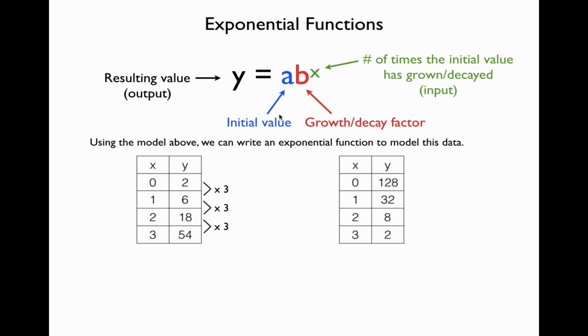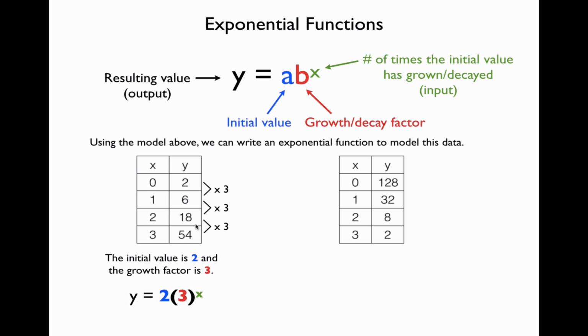So, using our model, our initial value would be 2, and our growth factor, or what we're multiplying with, would be 3. So we could write the equation y equals 2 times 3 to the x to model this data. Let's see if it works.